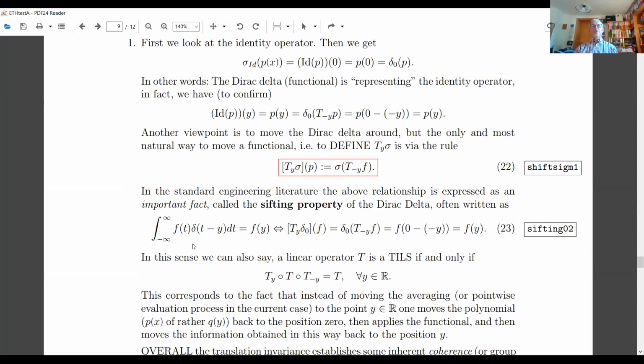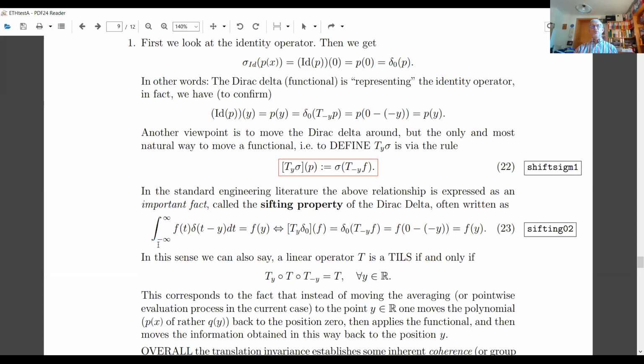the claim is that if you do this delta and you shift it around and do this integral, you're getting f of y. So this is called the shifting property of the Dirac delta. Now for me, rewriting everything a little bit in our terminology, it means, okay, what is delta of t minus y? This is the y-shifted version of the delta 0. I've moved my delta from 0 to y by this formal argument.